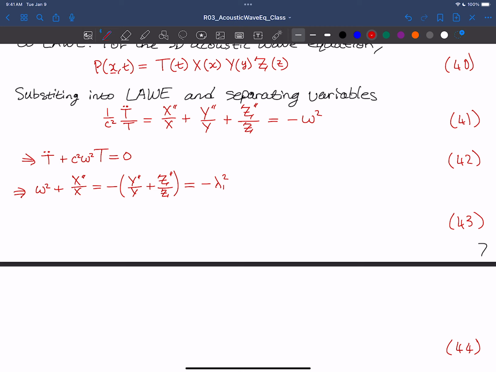From here, we get big X double prime plus the quantity omega squared plus lambda 1 squared, multiplied by big X, is equal to 0. We simplify that and say X double prime plus k1 squared times big X is equal to 0, where k1 squared is equal to omega squared plus lambda 1 squared, and we're going to just deal with k's instead of lambdas.